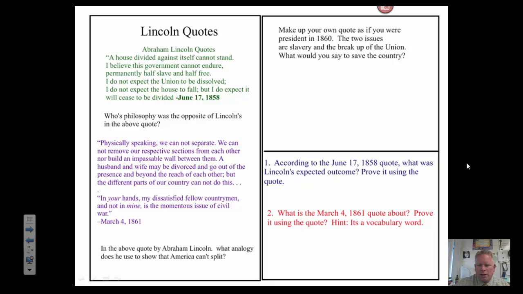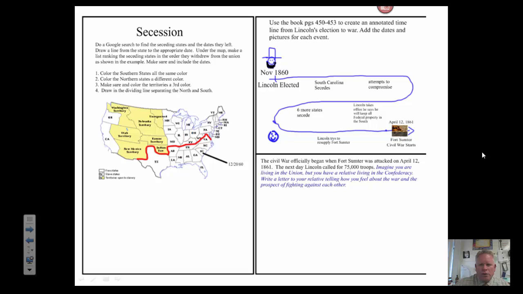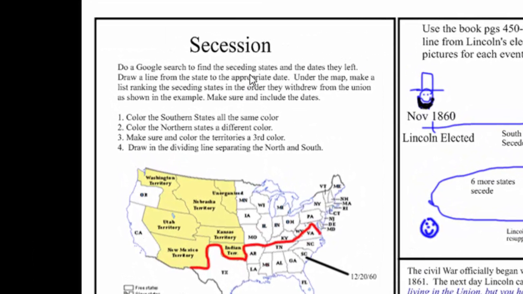All right. And I have one more notebook that I'd like you guys to do. I want you to do a Google search to find the seceding states and the dates they left. Draw a line from the state to the appropriate date under the map. Make a list ranking the states in order they withdrew from the Union, as shown in the example.